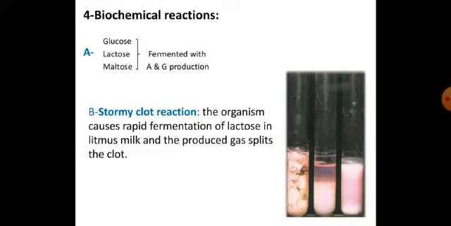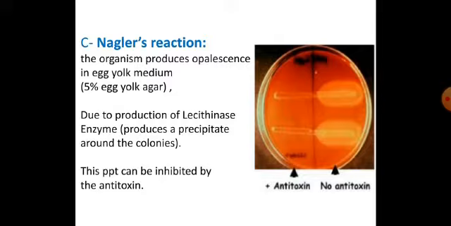Nagler's reaction: when the organism is inoculated on an egg yolk medium, it produces opalescence. This opalescence is due to the production of lecithinase enzyme that makes a precipitate around the colonies. If we add the antitoxin to the medium, this precipitate can be inhibited.